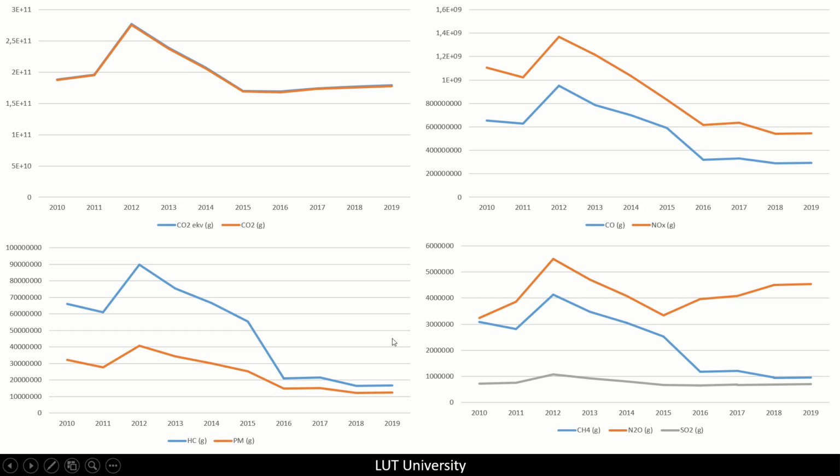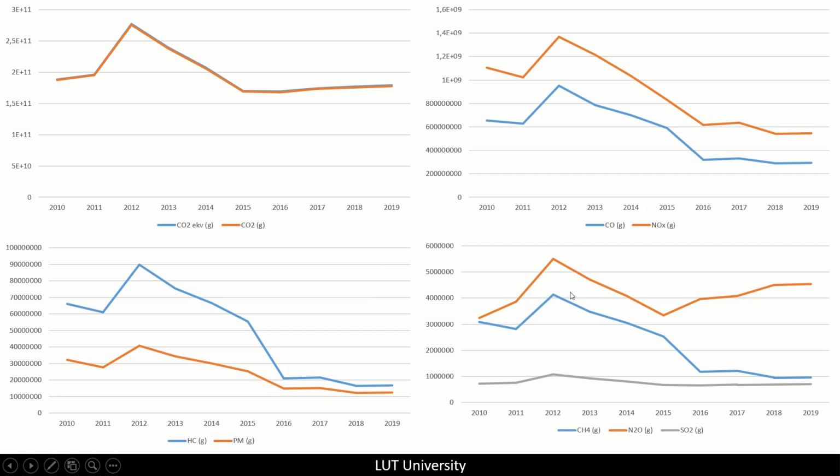For the other emissions, it seems that they are lowering year by year, and this goes according to the Euro standardization project, which aims to regulate the traffic so that less and less emissions would be produced.